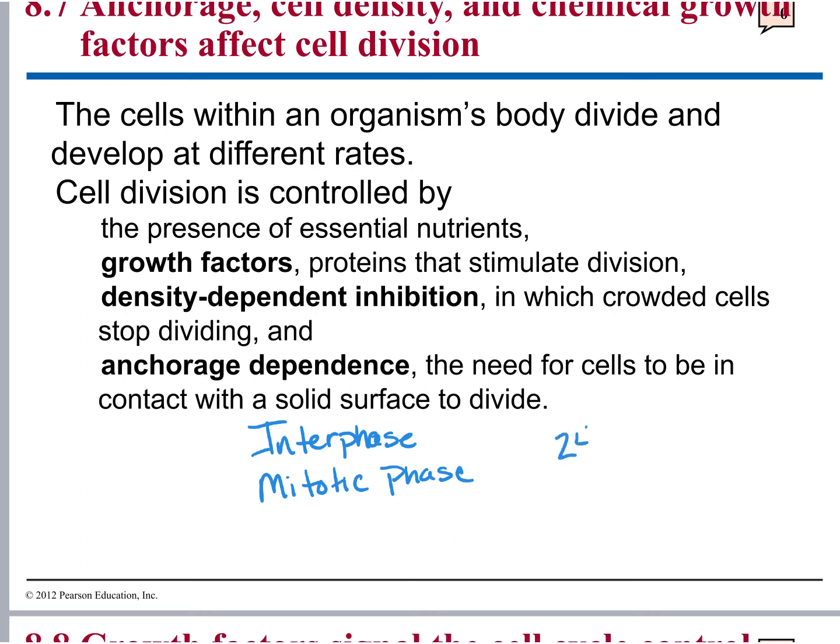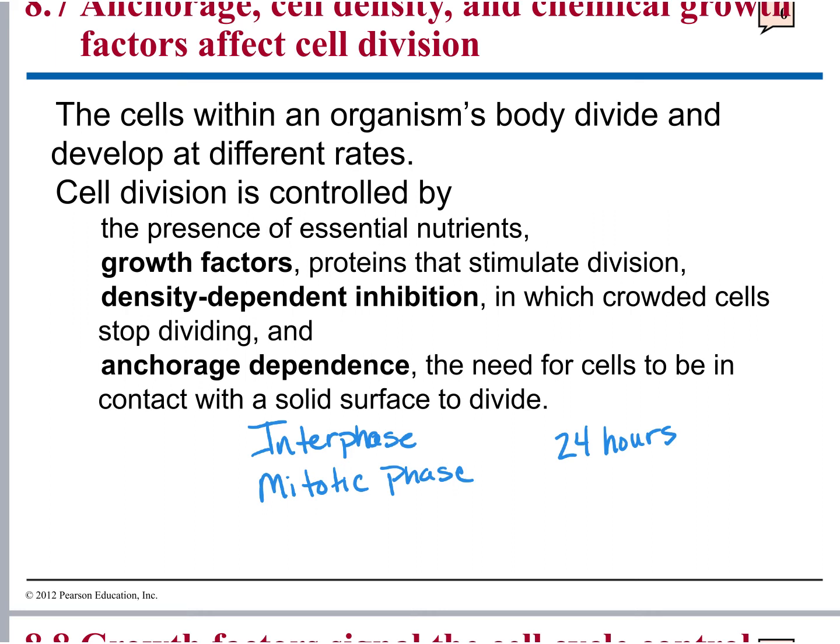They go through their cycle once every 24 hours. Your skin cells, for instance, take a whole lot longer than that. Cells in the kidney take longer than that. Nerve cells never undergo this once you're past the age of about 5. So cells in an organism's body divide at different rates. So this process that we've gone through here is going to vary depending on the type of cell.